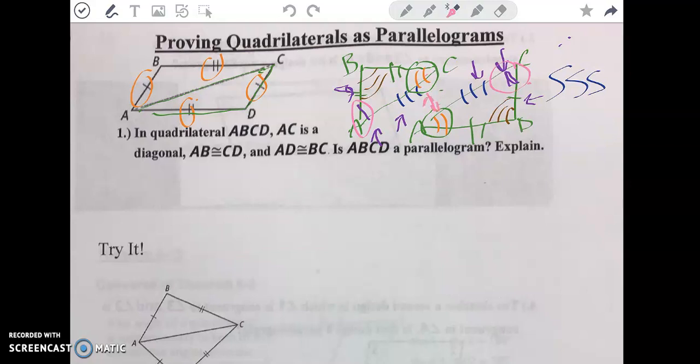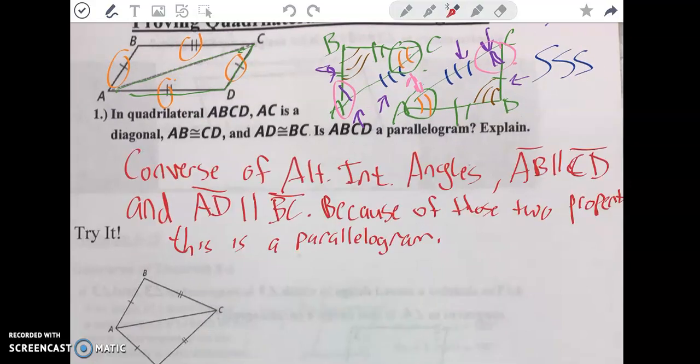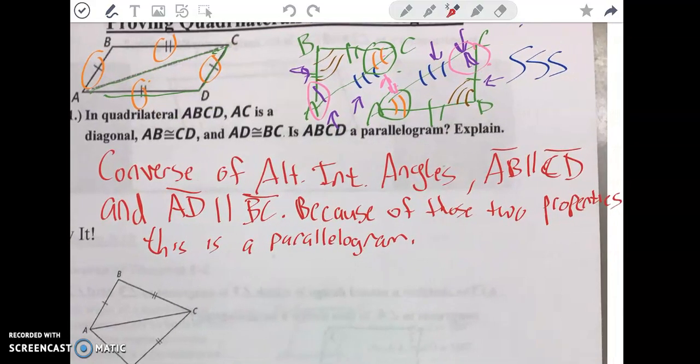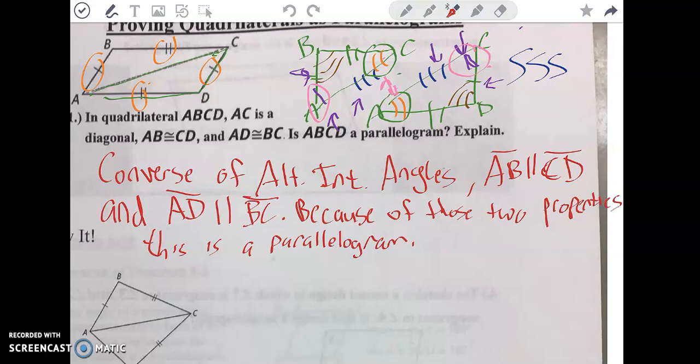Since they're parallel, it has to be a parallelogram. Basically, I wrote down that because of the converse of the alternate interior angles theorem, this is going to be a parallelogram. The converse of the alternate interior angles theorem basically says that if you have alternate interior angles that are congruent, then the two lines are parallel.